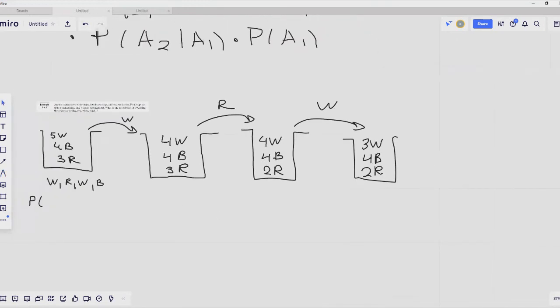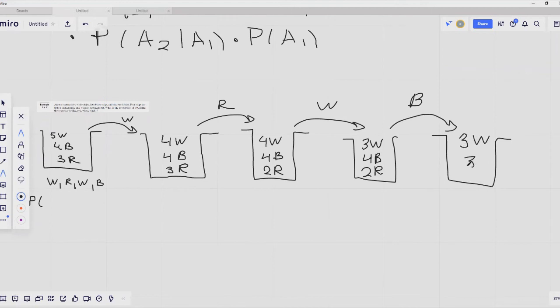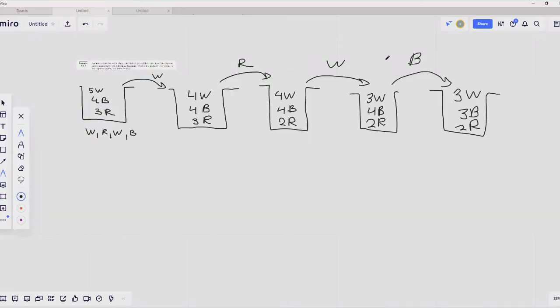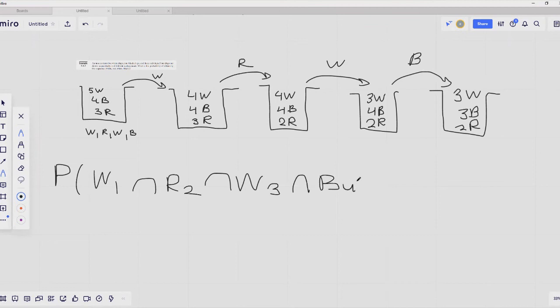And if we draw black on our last draw, finally we'll end up with 3 white, 3 black, and 2 red chips. Now we are looking for the following probability: drawing white on first, intersection with red on the second draw, white on third draw, and black on fourth draw.